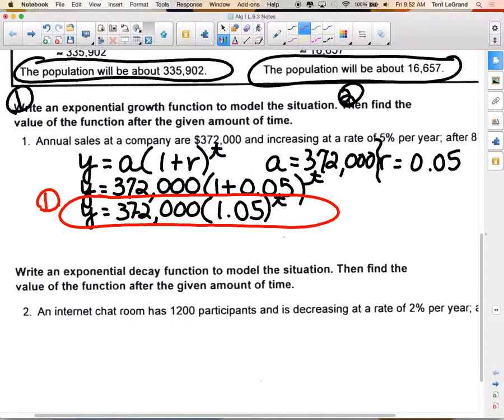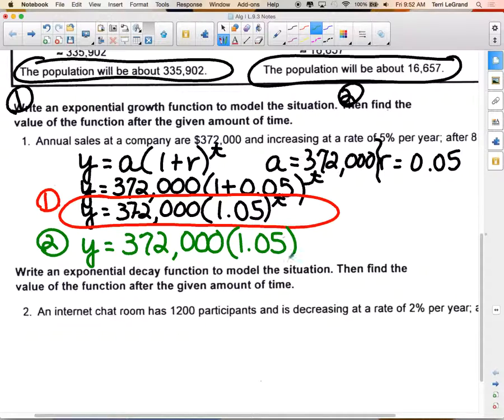Now, part 2 says you can substitute in, and since it's after 8 years, we're going to substitute 8 in for the time. We are going to round this. This is money, so what do we round to with money? Hundredths. Okay, calculate that out and let's see how much the sales will be for this company after 8 years. Should it be larger or smaller than 372,000? It better be larger.